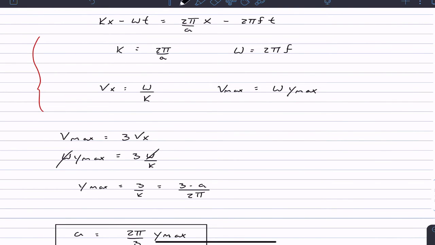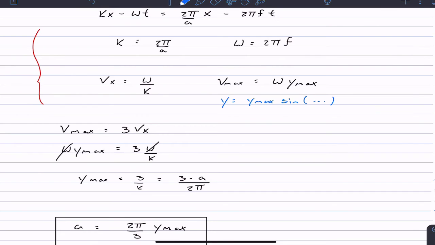If you remember, we had y is equal to y max sine something, v was equal to omega y max cosine something. Something like that. So this was Vmax. If this was y max, this was Vmax.